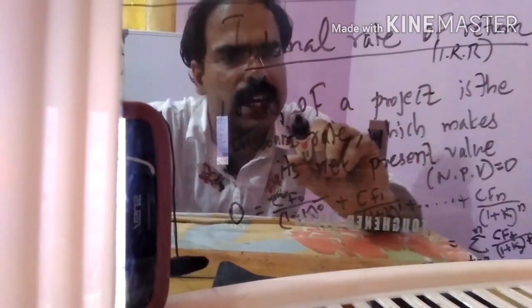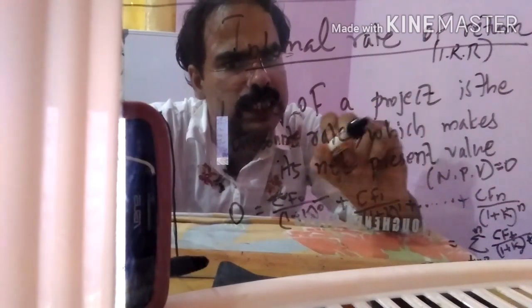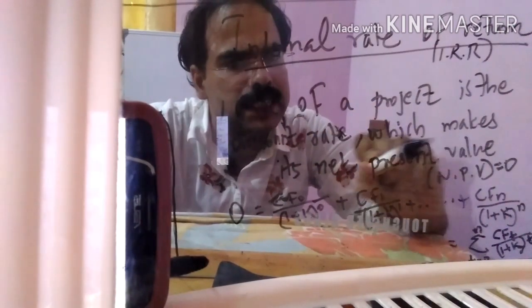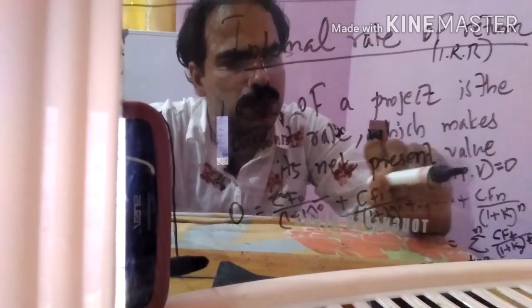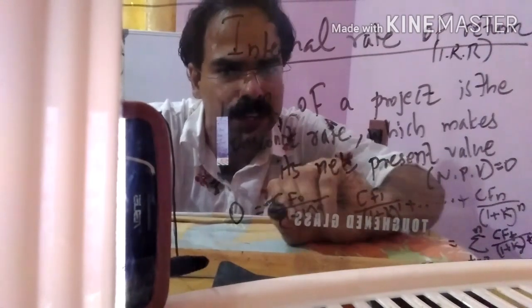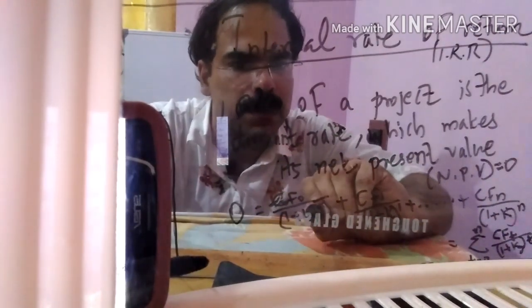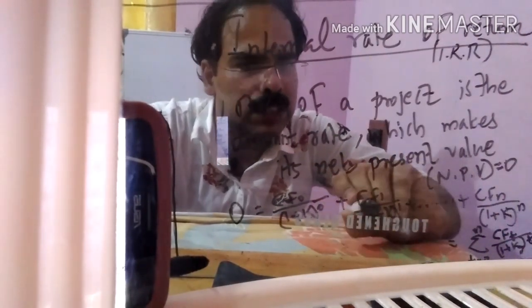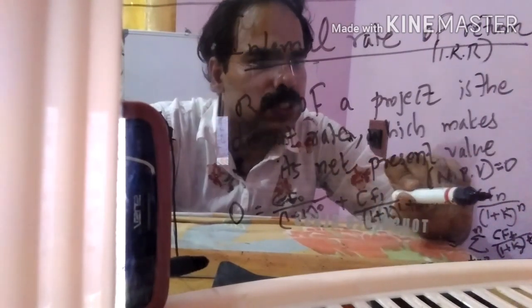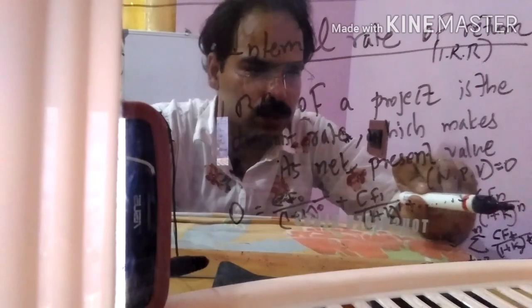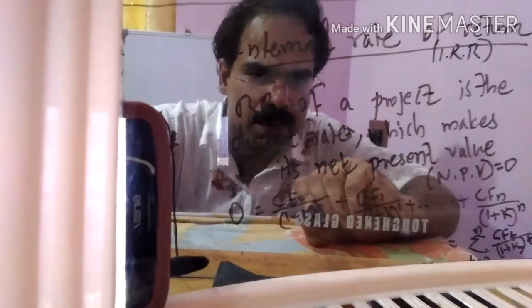That means IRR of a project is the discount rate which makes its net present value, that means NPV, equal to 0. We already have the equation for the NPV: NPV equal to CF0 divided by 1 plus k raised to 0 plus CF1 divided by 1 plus k raised to 1, etc., up to CFn divided by 1 plus k raised to n.